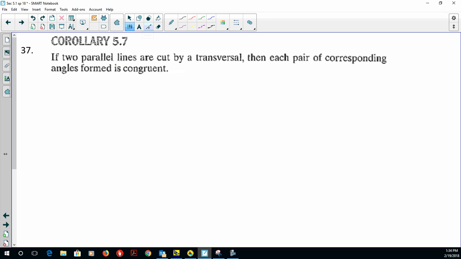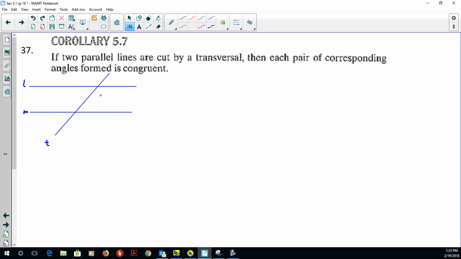Let's call my two parallel lines L and M, and my transversal T. And let's just look at a couple of corresponding angles here. Let's call this angle A, this angle B.